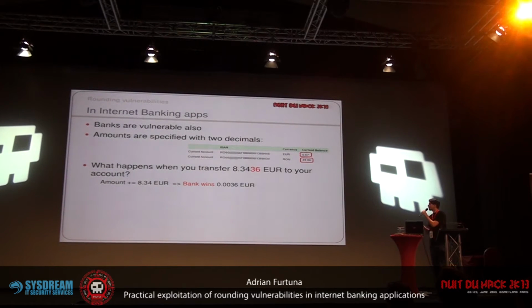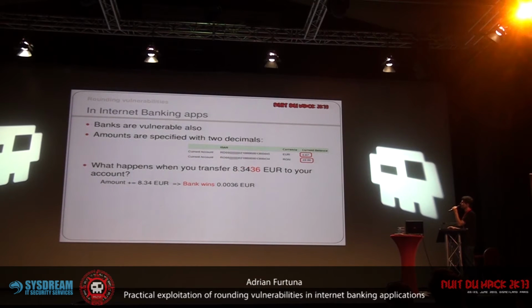So let's ask, what happens if we somehow manage to transfer this amount, 8.3436, into my euro account? The bank will have to round this amount to 2 decimals because it has no other way to express it.